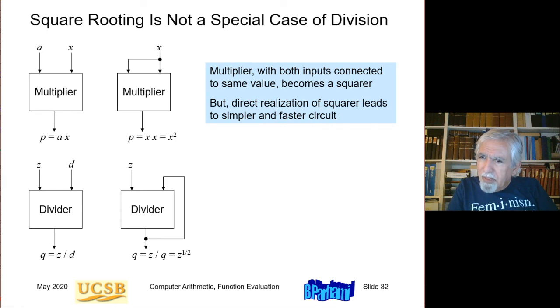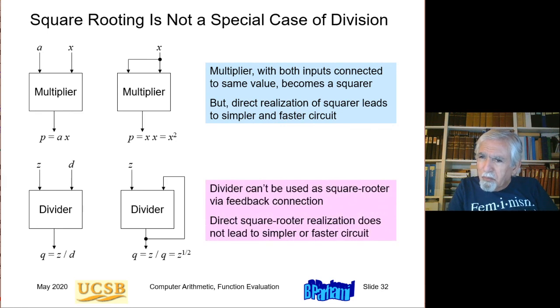And I mentioned already the square root is not a special case of division. When you have a multiplier with both inputs connected to x, you get a squarer. We saw that a squarer actually can have a simpler design than a multiplier. So we usually do not use a multiplier to form the square of x, unless the multiplier is already there and we don't want to add another piece of hardware for squaring.